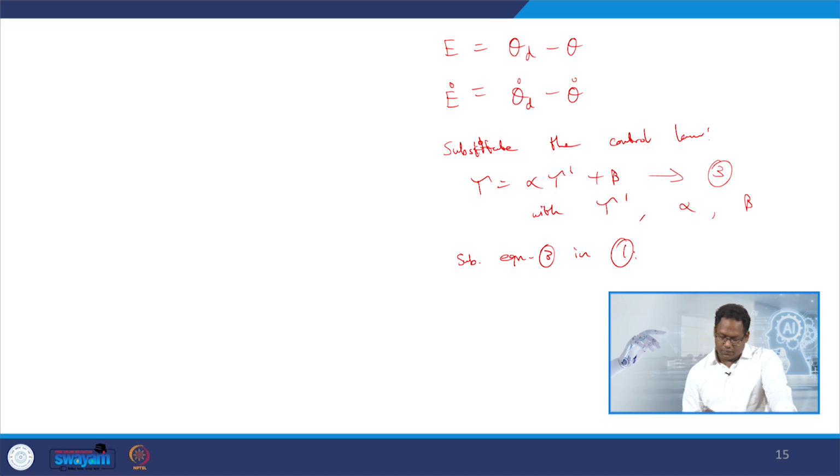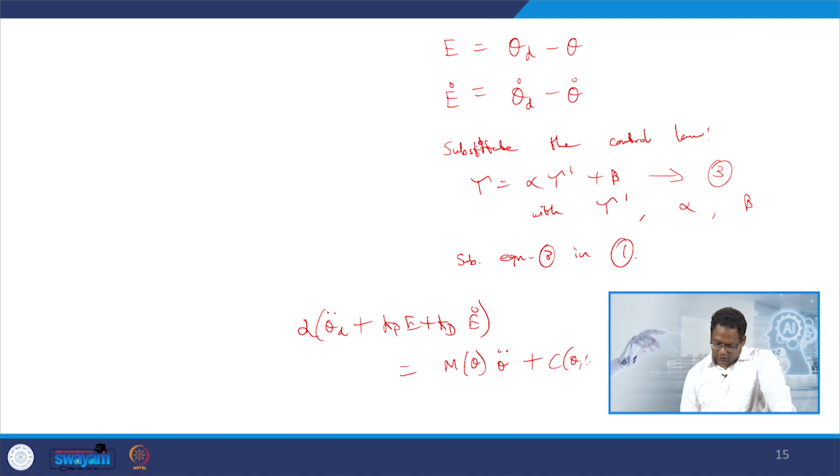We get alpha into theta d double dot plus Kp e plus Kd e dot equal to M of theta into theta double dot plus C of theta comma theta dot into theta dot plus G of theta.